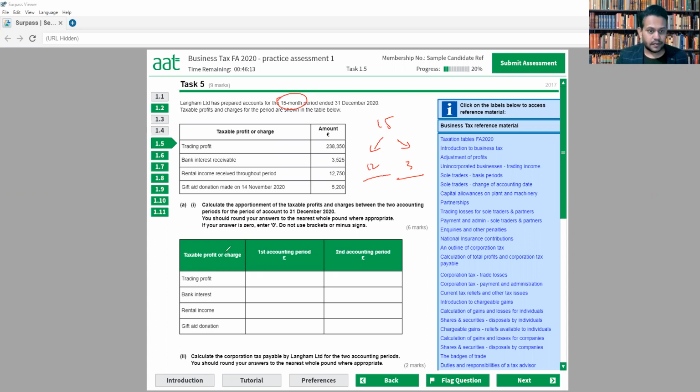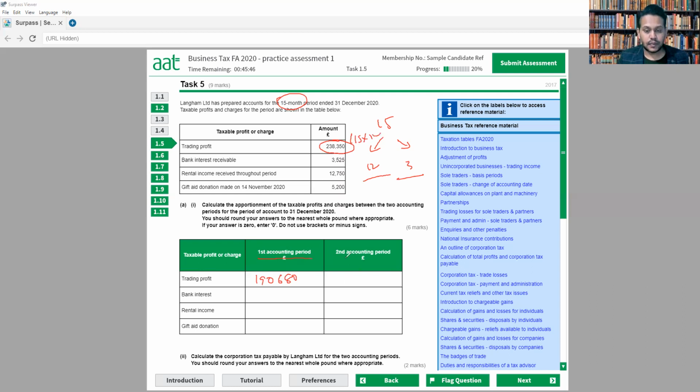So we have a trading profit. The trading profit we have is 238,350. So 238,350 divided by 15 times by 12 will give me the first accounting period for the 12 months. That will be 190,680. So all you have to do is divide by 15 times by 12.